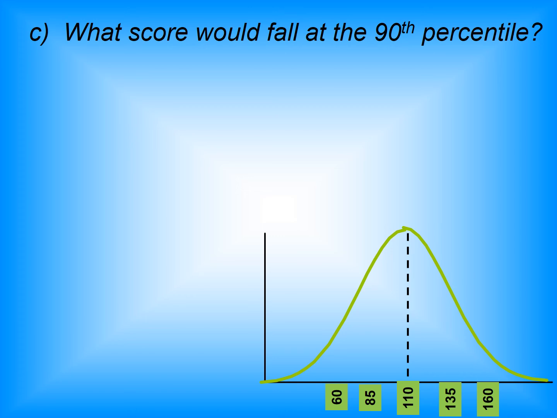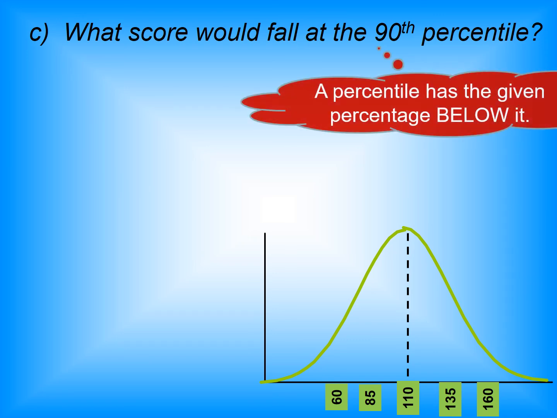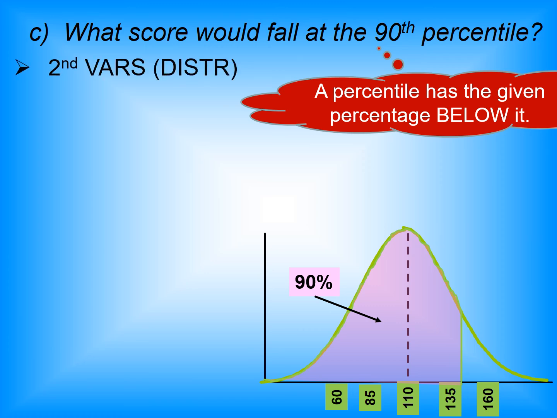Next question, a little different. What score would fall at the 90th percentile? So now we want the actual score. So a percentile has the given percentage below it. So if you're in the 90th percentile, we're talking about everything that's below that point. This time we are going to go to second vars, inverse norm.